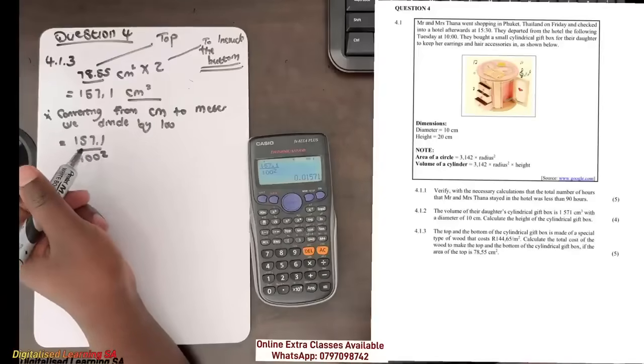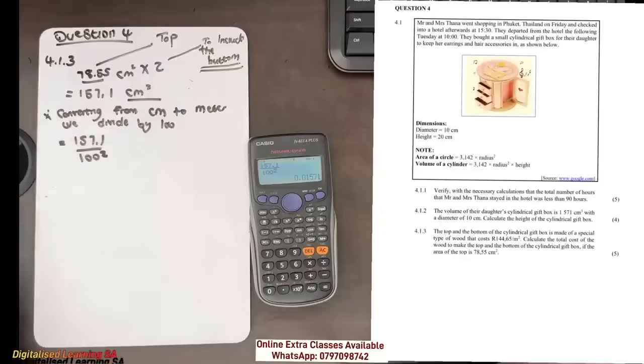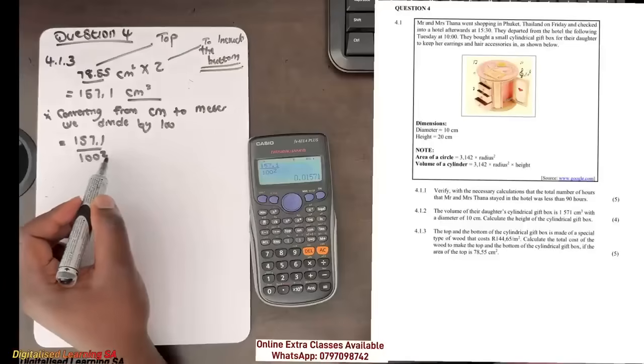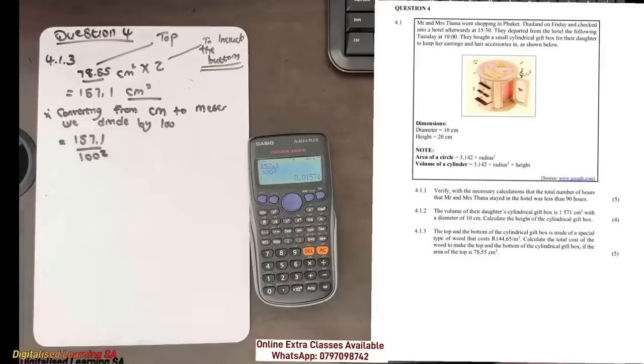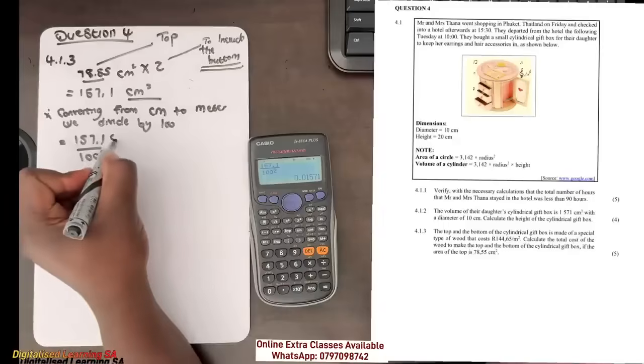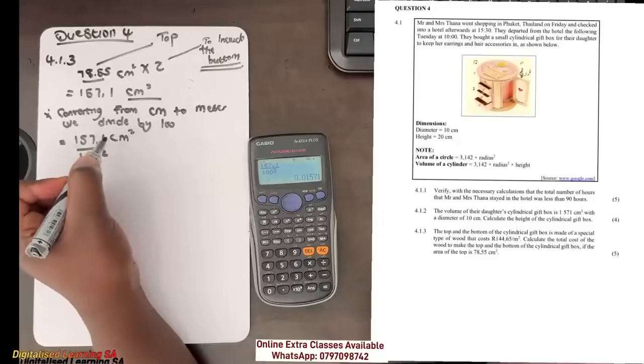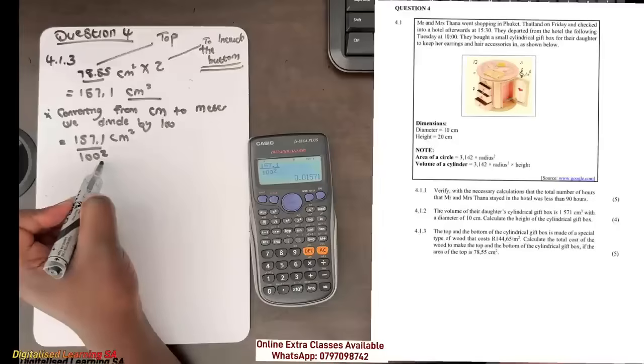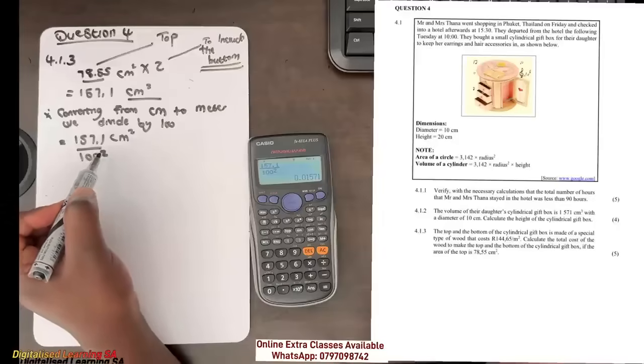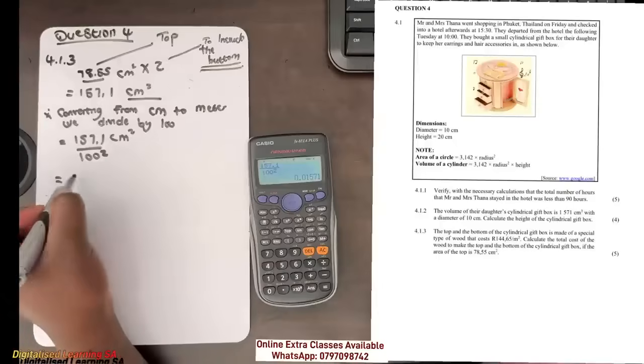So we divide by 100 to the power 2, because we are dealing with centimeter squared. Let's make it a bit clearer. That's why we need to have 100 to the power 2.